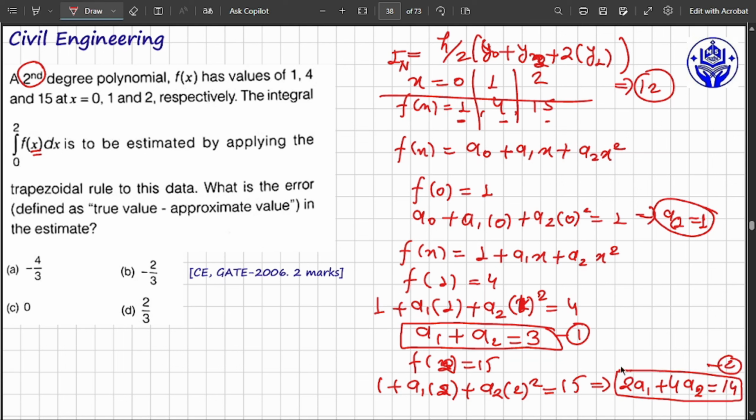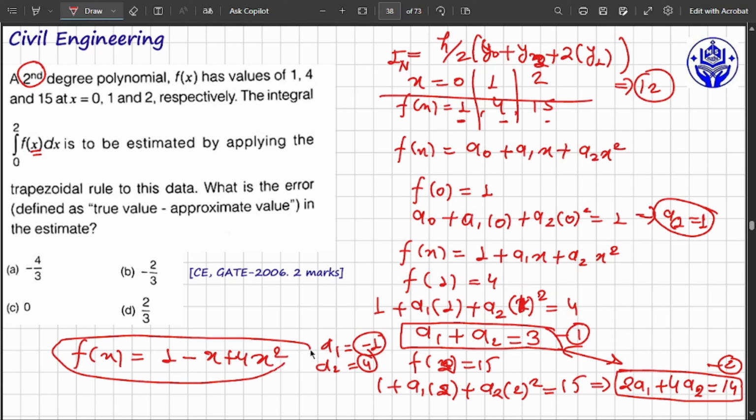Using these both equations, I can calculate a1 and a2. So what is the value of a1? Here a1 is equal to minus 1 and a2 is equal to 4. So the function is nothing but 1 minus x plus 4x square. This is my function, and I can easily calculate the integration of this function from 0 to 2 dx, and it will be 32 by 3.